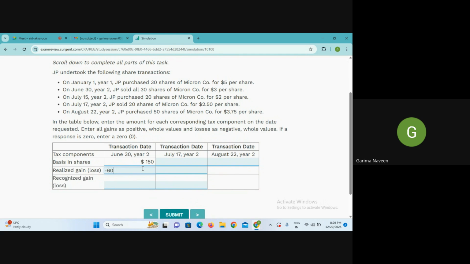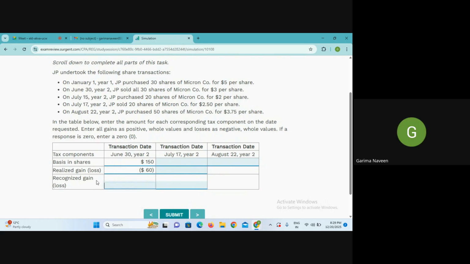We purchased for $5, then we sold it for $3. So on each share you have a loss of $2. Yes, so 30 into 2, you have a loss of $60.